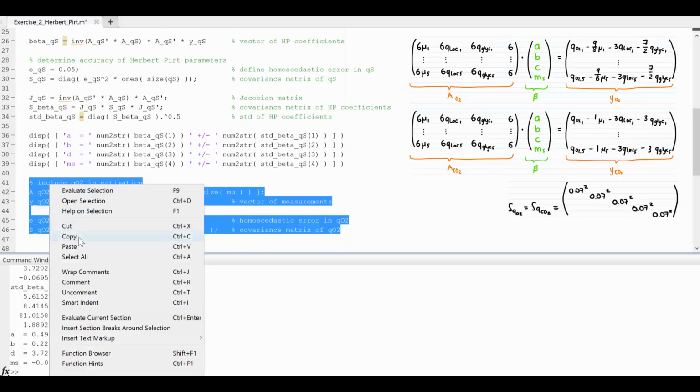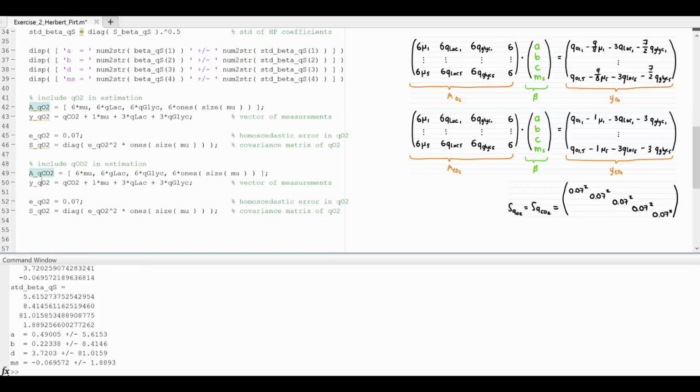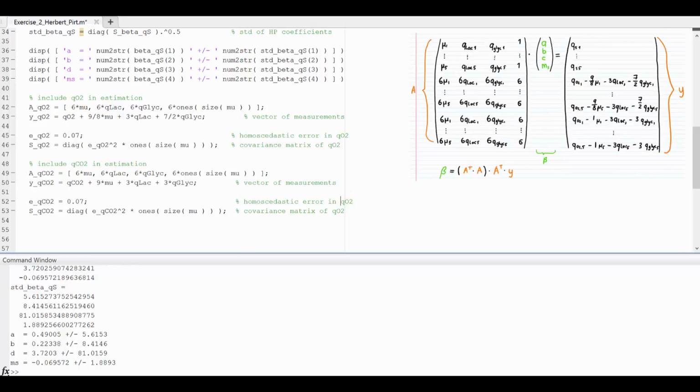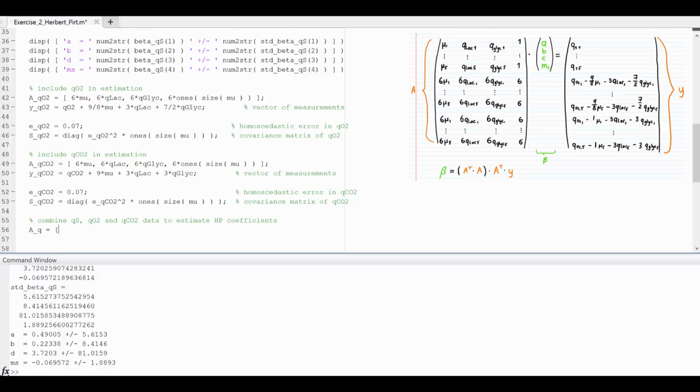We can copy the O2 definitions and adapt it for CO2. We can now calculate the Herbert Pirt parameters including all three measurements. Therefore we will stack the A matrices of QS, QO2 and QCO2, as well as the Y vectors of QS, QO2 and QCO2. Thus we can calculate beta to obtain the new Herbert Pirt parameters.